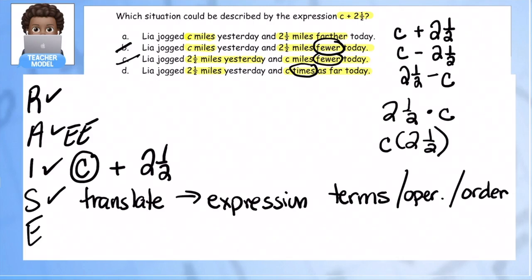I could even see some kids writing it like this. Either way, they're all multiplication and they're all wrong because we're not even looking for that. We're looking for those 2 terms being added together. So A is our correct answer. We have a great reasoning justification for eliminating the other 3. So awesome job. Let's hit pause so you can jot this down in your notes.